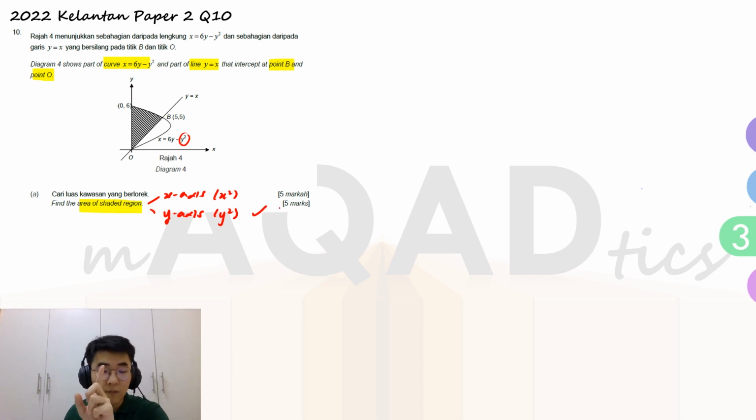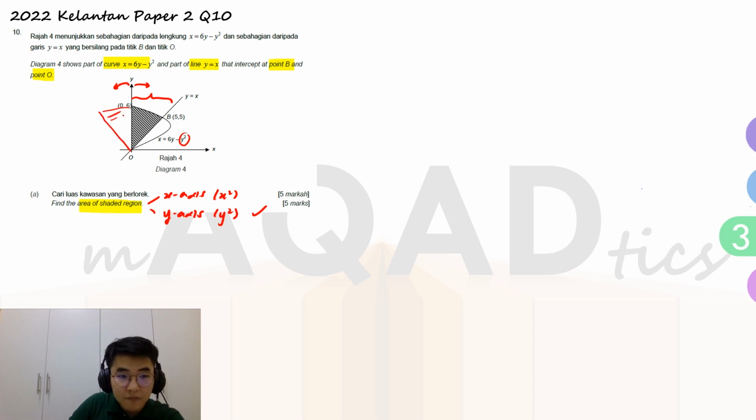So there's another thing we need to note, which is whether we have area of the shaded region on the left side and right side of the y-axis. So for this case, we only have the right side, correct? So here we don't have much of a concern, but let's say we have another area, which is let's say here. This we take note of, because when we are calculating the area on the right side, it will be positive.